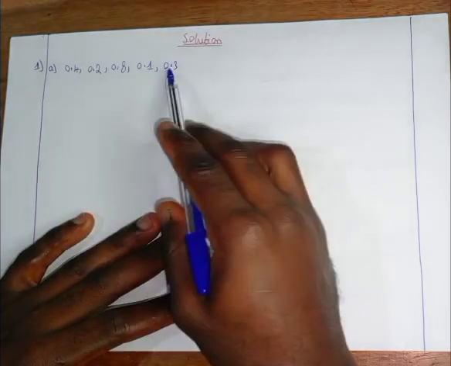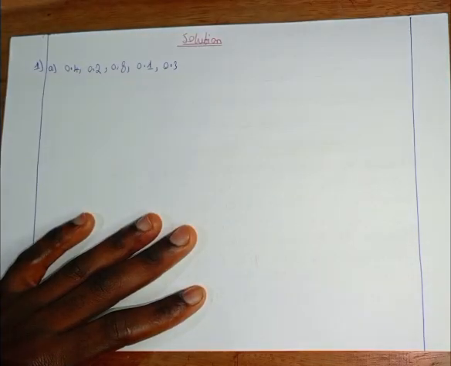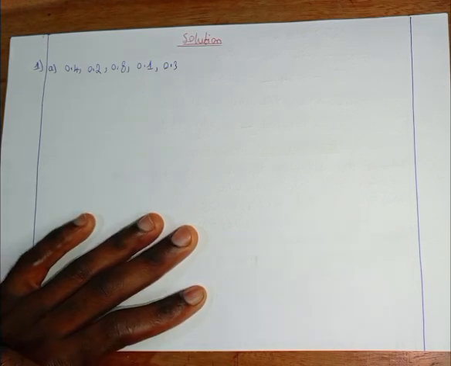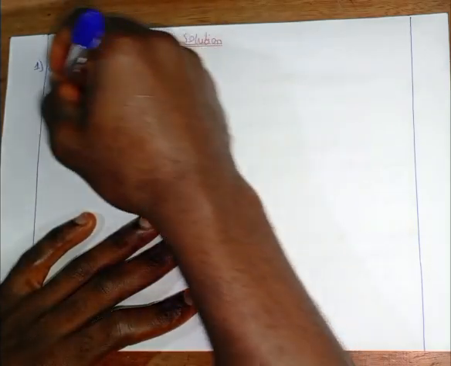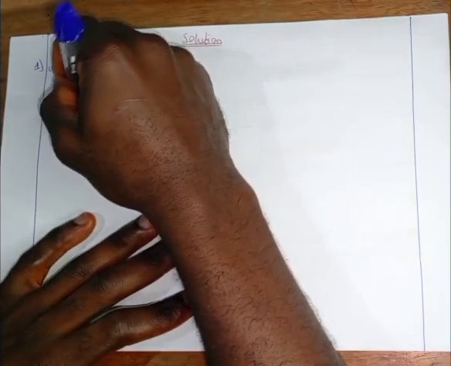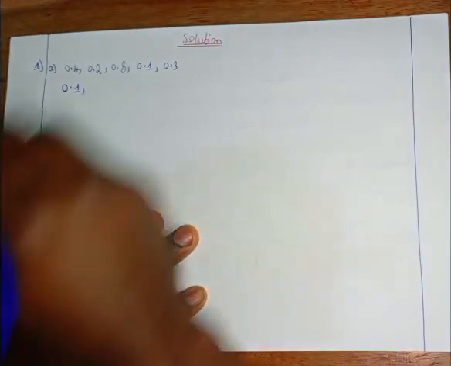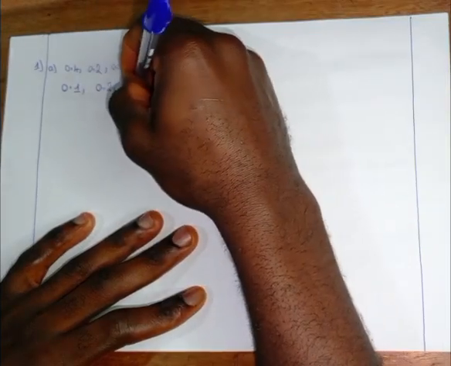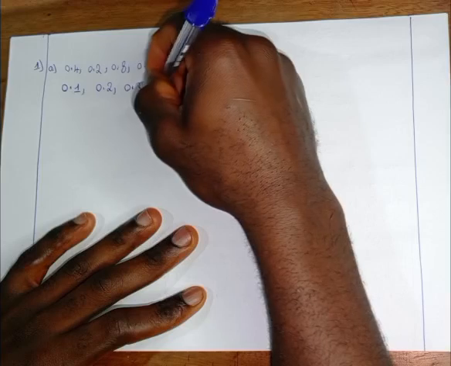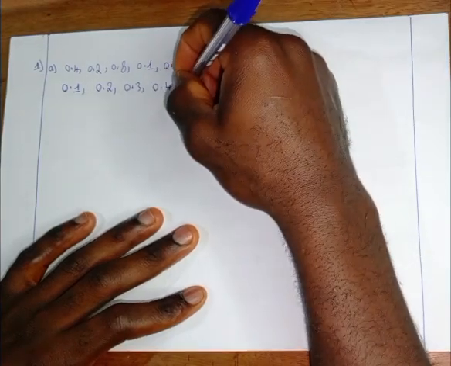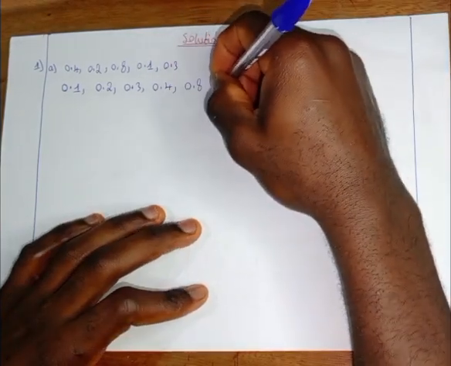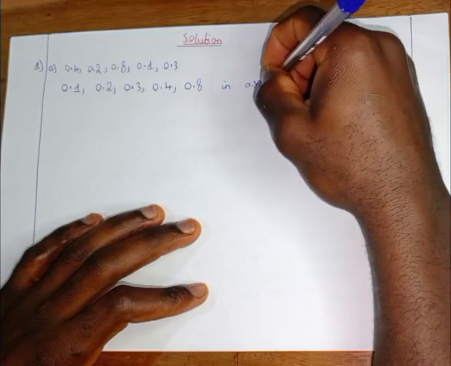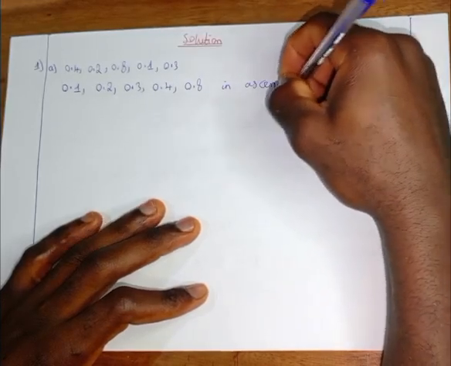Next, for us to get the smallest decimal number, we are going to take the one whose first digit after the decimal point is smallest. We have 0.1. 0.1 is the smallest. The next 0.2, next 0.3, 0.4, and lastly 0.8 in ascending order.